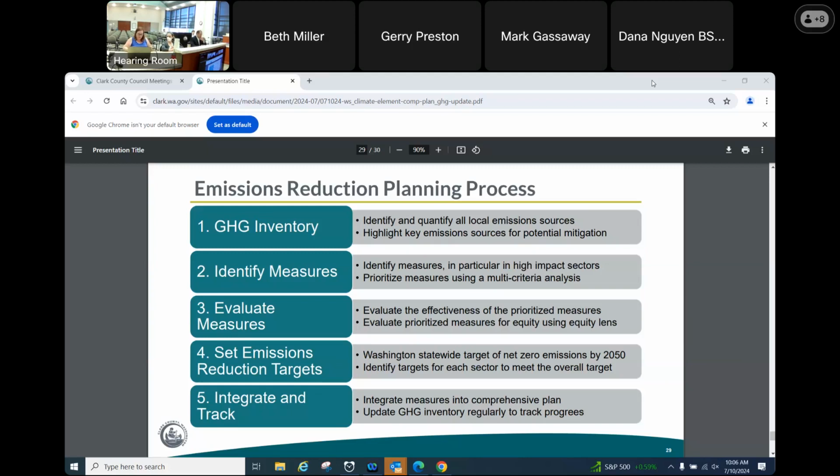And then the final step is to integrate this into the comprehensive plan. Again, this is one chapter of the overall comp plan. And then it will, as ongoing work, update the greenhouse gas inventory regularly to track progress toward and the effectiveness of the measures that have been selected.